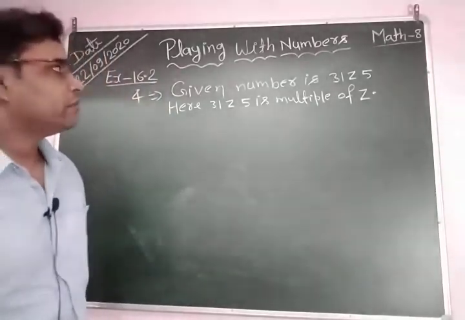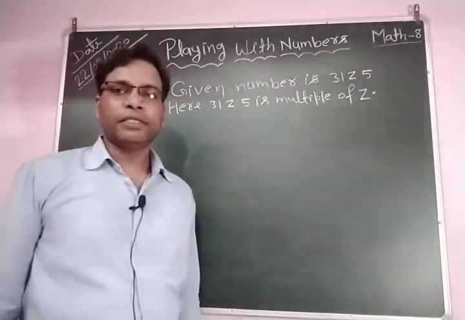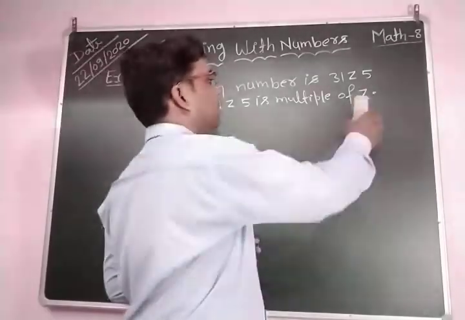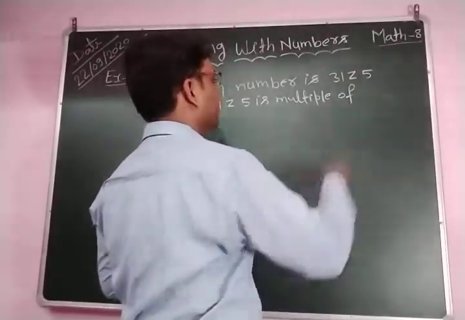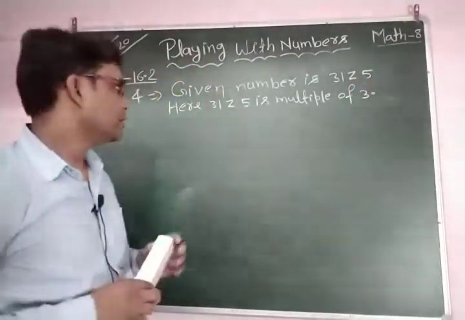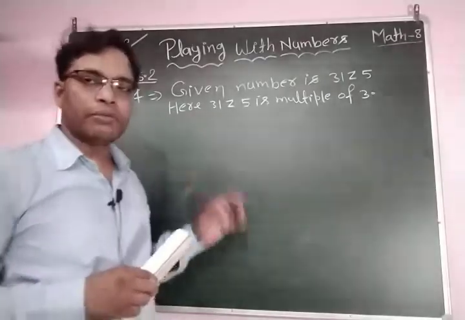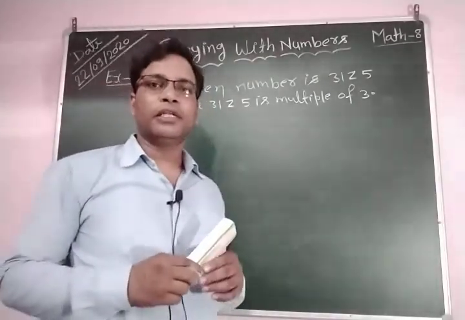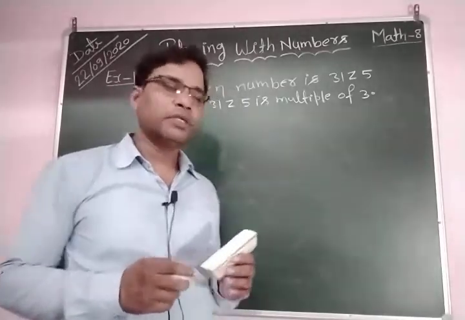This number is a multiple of 3. It means that the sum of digits of the number is divisible by 3, because if this number is a multiple of 3, it means that 3 divides this number.